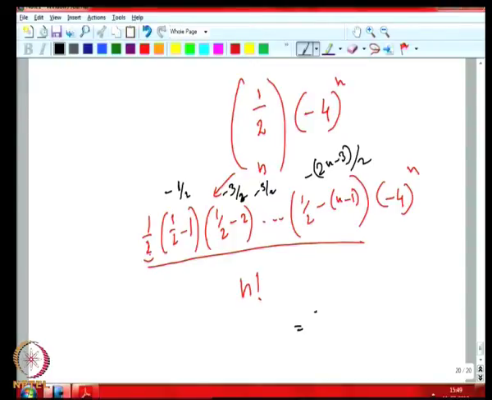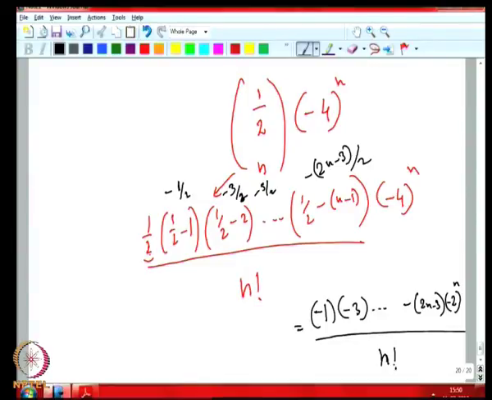So what we get is, starting from, see, this is minus 1 into minus 3 into up to minus of 2n minus 3 here, and we cancel off that. We will get a minus 2 raised to n left here. We just cancel off this half raised to n with the 2 raised to n here. So minus 2 raised to n will remain and an n factorial will remain here. But then there is a minus 1 raised to n here.